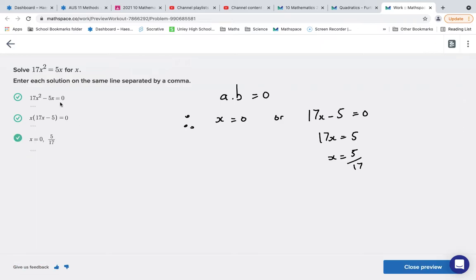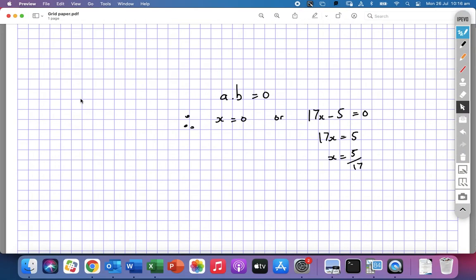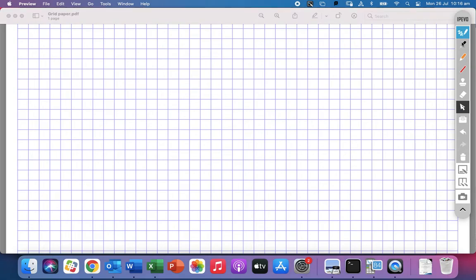Right, now what can happen with year 10s is I think you get so used to seeing quadratics in this form. Just want to make a comment here.